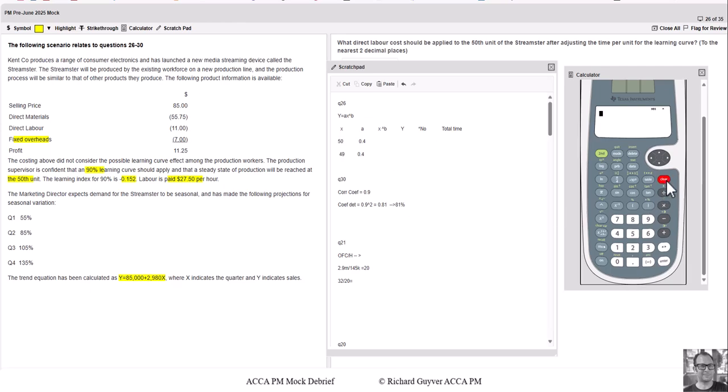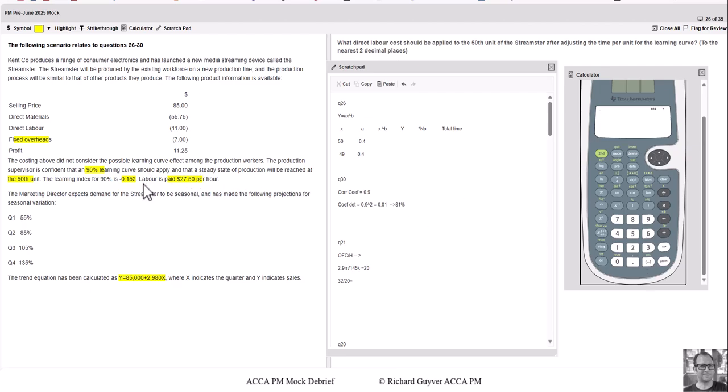Now this is one of the frustrating things about this calculator: I don't think you can do this calculation in a very simple way. Normally I would do 50 to the power of minus 0.152, but I think it never likes it. So the workaround is, either you have a separate calculator, or you just have to remember a little bit of the maths here.